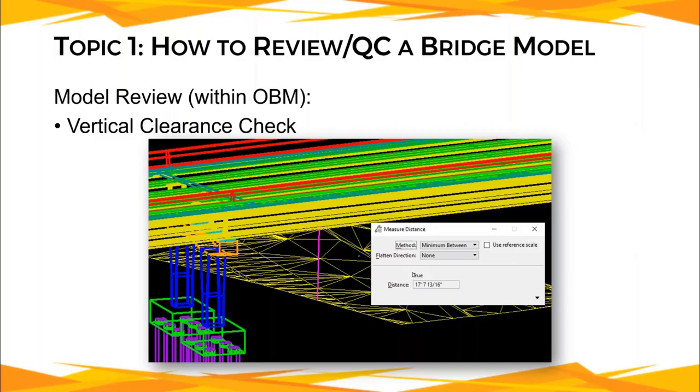So you start by clipping the terrain file for just the area of interest. Again, if you've got barriers off to the side, you don't want to have those shown, because if you did minimum between, it's going to take from the top of the barrier to the bottom of the beam, which is obviously not the type of clearance that we are interested in.